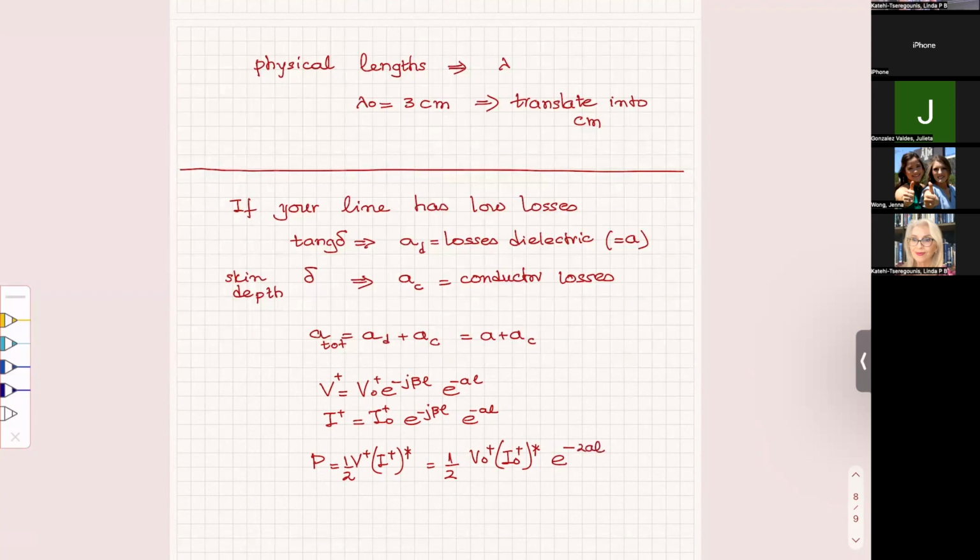So practically, at L equals 0, in the beginning, the P incident, what is coming in the line, is going to be equal to 1/2 V naught plus I naught plus complex conjugate, which is practically the initial power from the source.